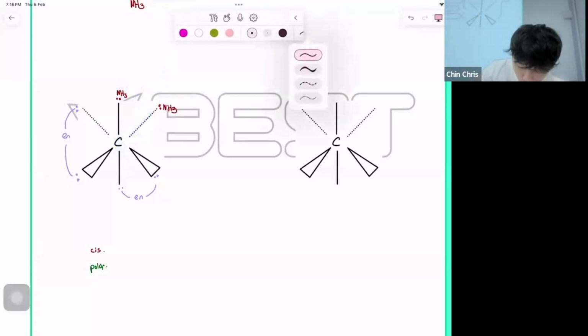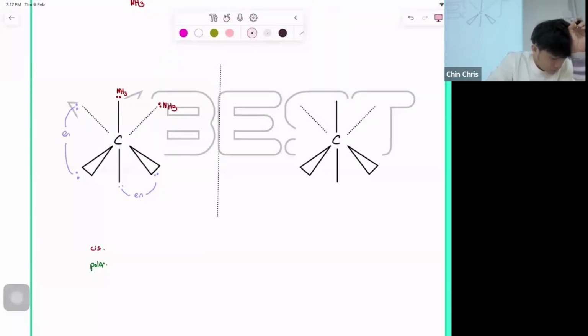Okay, guys, now what I want you to do is to put a mirror in the middle and draw a mirror image here. Go. Mirror it. Okay, let's go, guys. How does it look like?